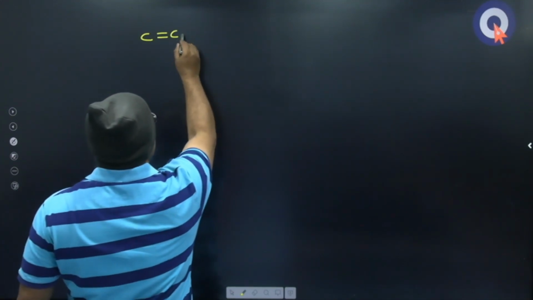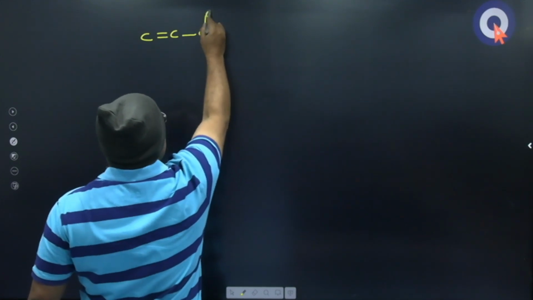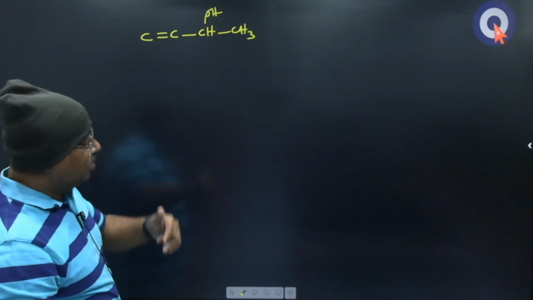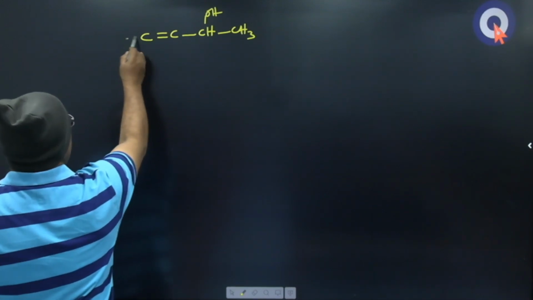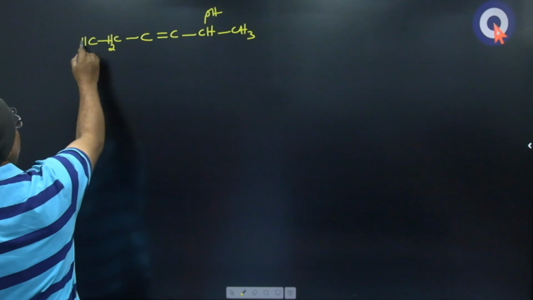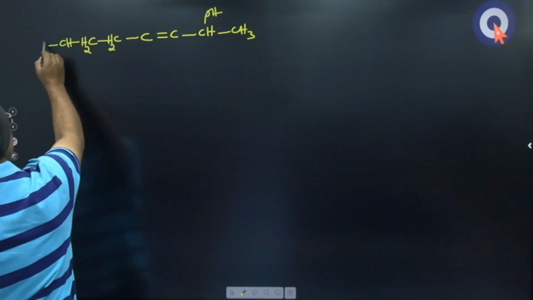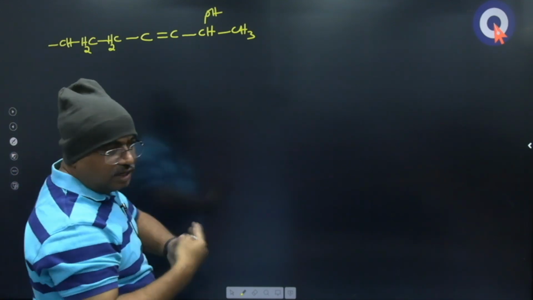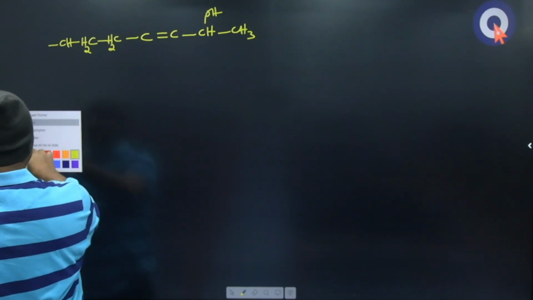So it is having CH, OH and CH3 maybe like this. Maybe you can try things. Then on the other side you can have the remaining carbons like this: CH2, CH2, maybe some OH group exists. So somewhere there is an OH group. If you try the reactions, you will get all these reactions only with this possible case.